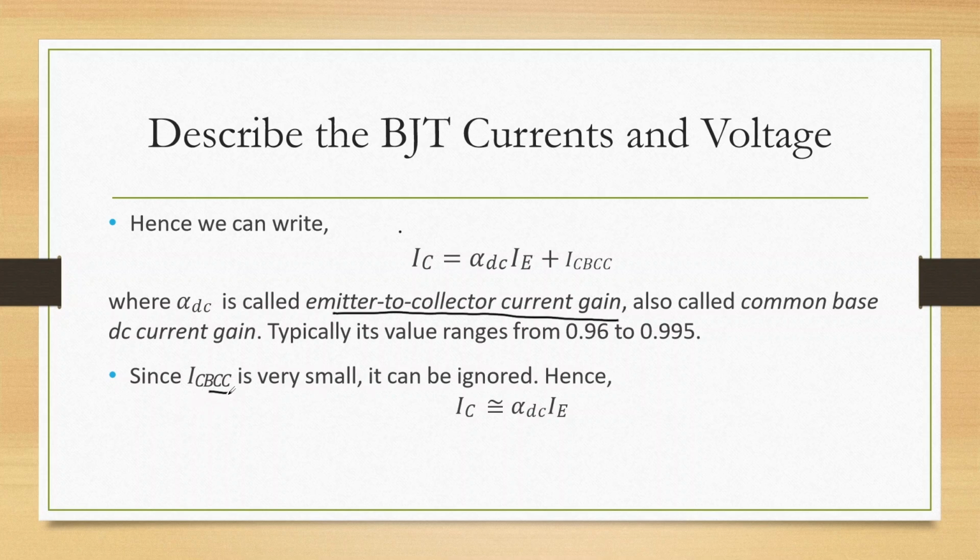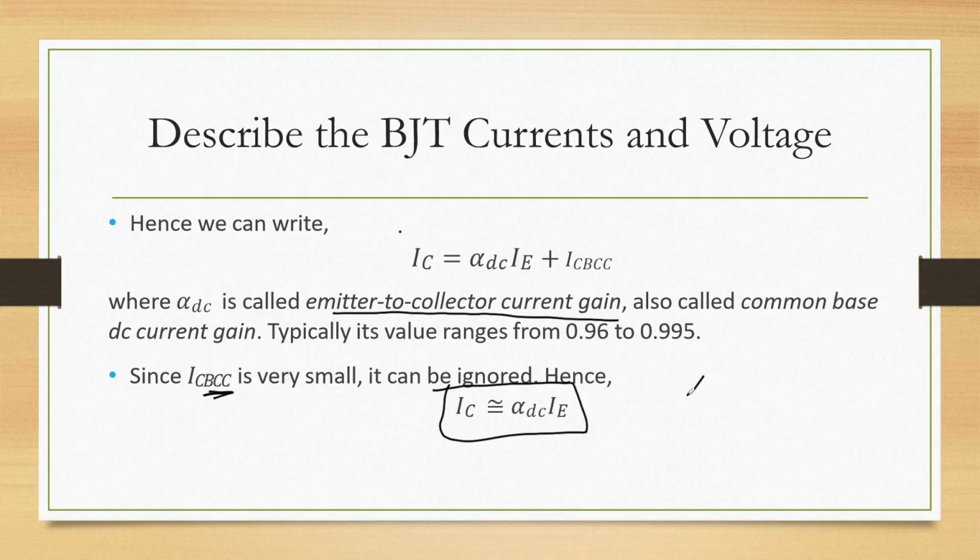As the leakage current is very small and negligible, it can be ignored. Hence we can write the collector current as current gain times emitter current.